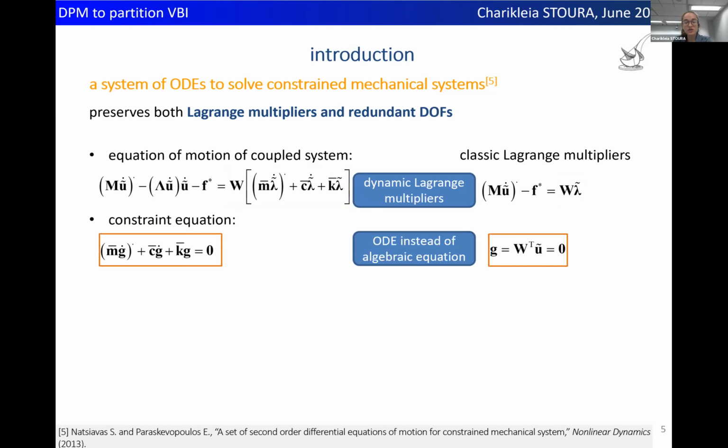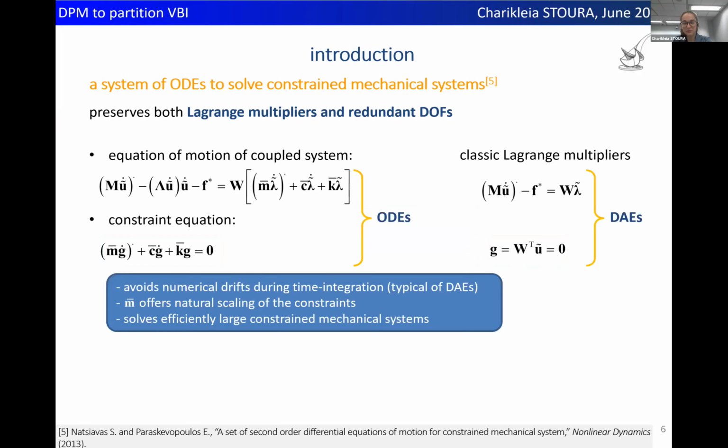In addition, the constraint equations are formulated as second-order ordinary differential equations, which include the motion constraint G and its differentiations in time. On the other hand, classic Lagrange multipliers consider a constraint equation, which is solely an algebraic equation, either on the displacement or velocity or acceleration level.